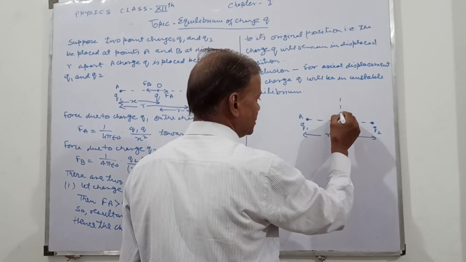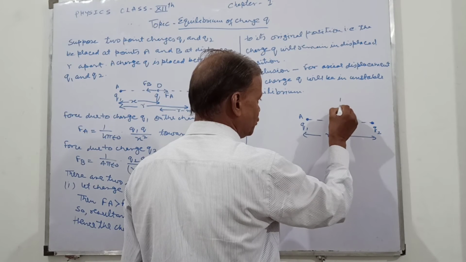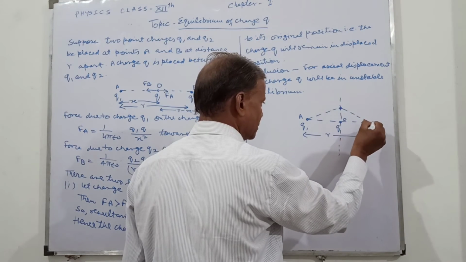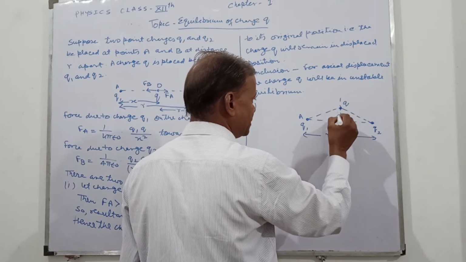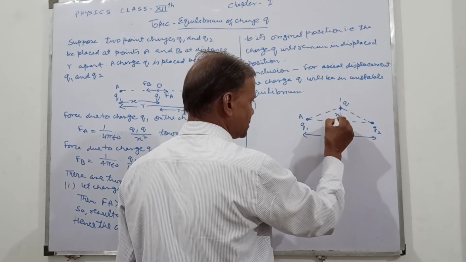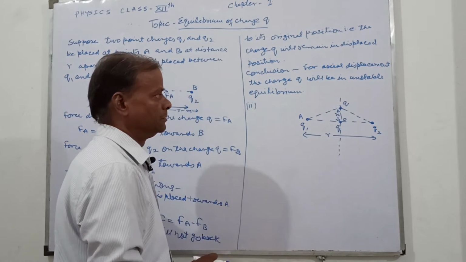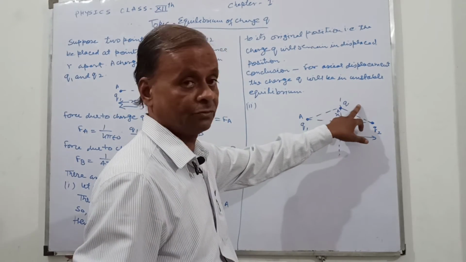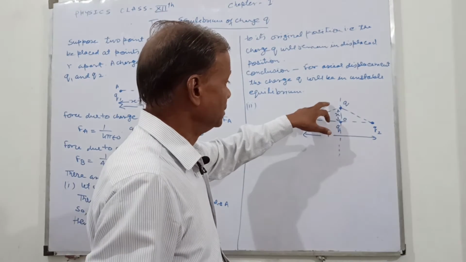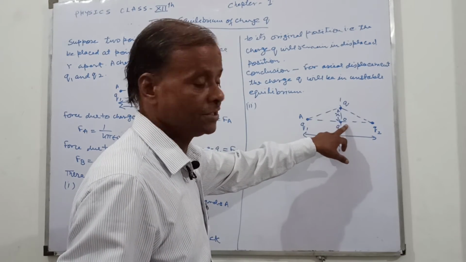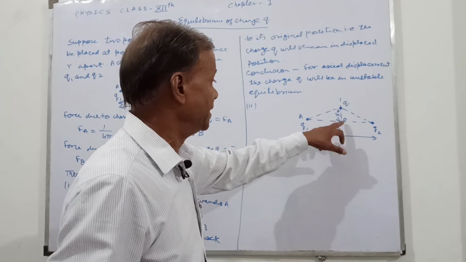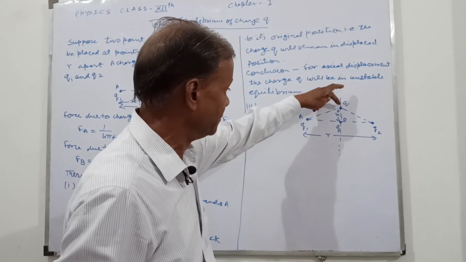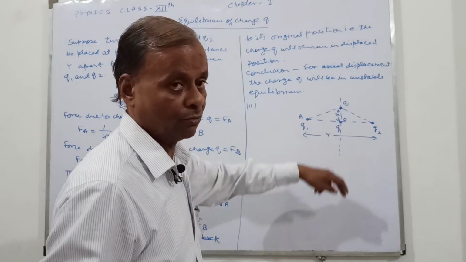Suppose this charge is now taken to this point, and the distance is x. Then what will happen? Q2 will repel this charge, and Q1 will also repel this Q, so the charge may come towards its mean position. If the forces are resolved in components, then the resultant force will come out towards this mean position O.